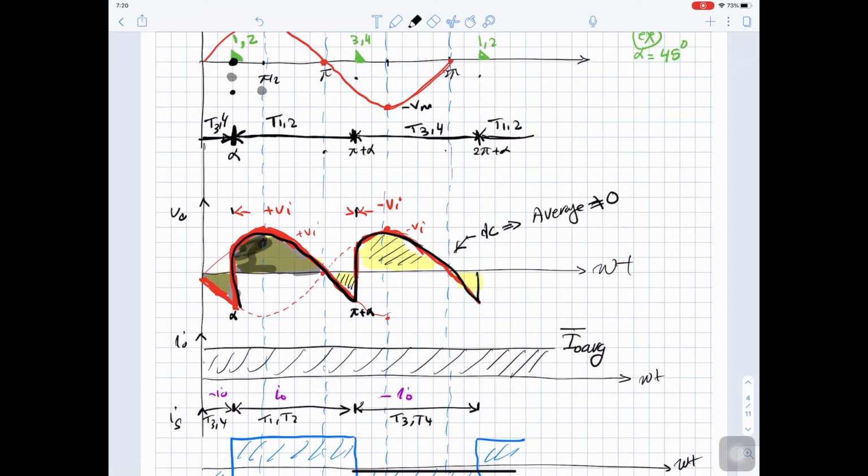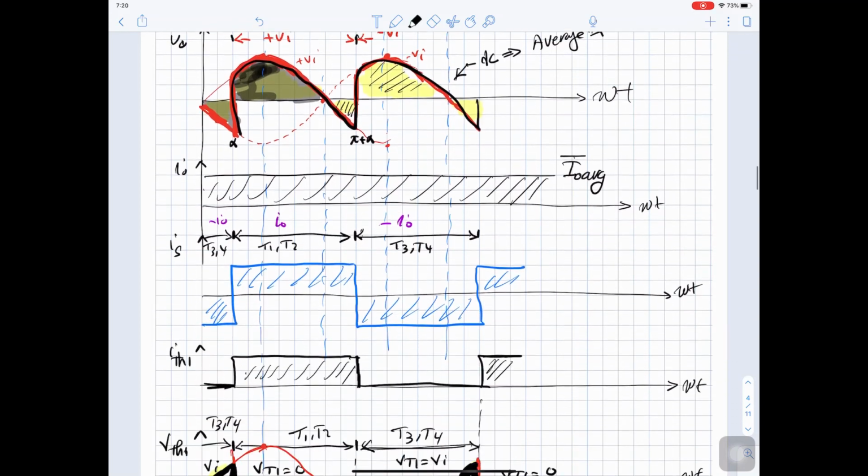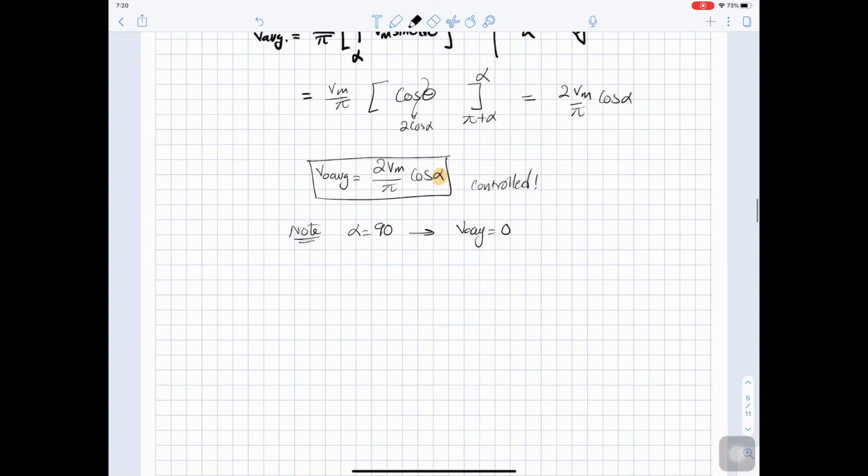And you can try this as a homework. You can sketch again at alpha equal 90 degrees, and with the negative equal to the positive, your average will be 0. And also if alpha is between 0 and 90, your V out average is positive. With alpha between 90 and 180, V out average is negative.